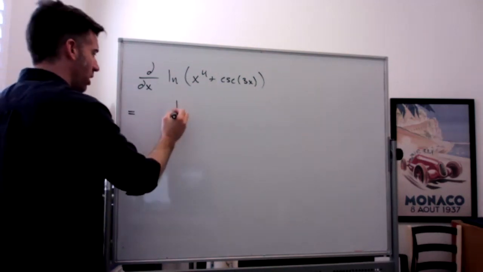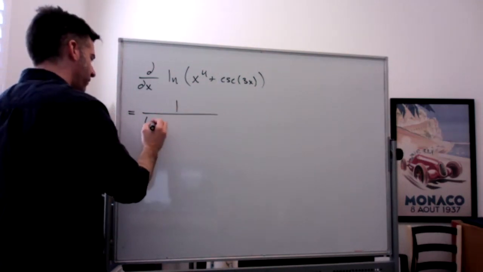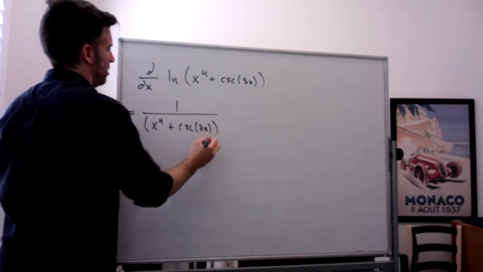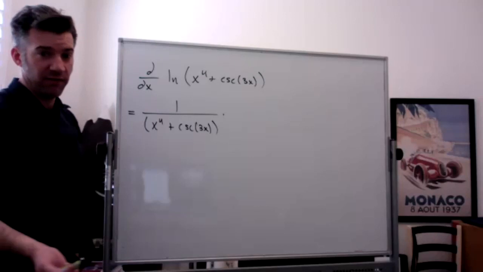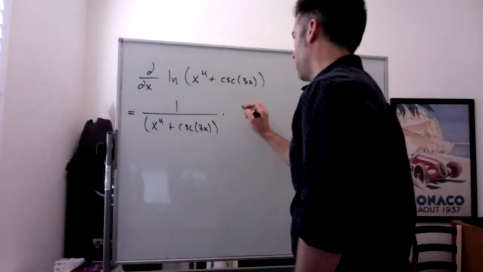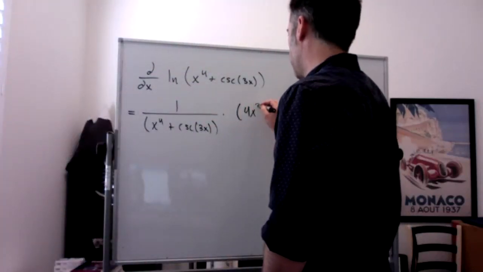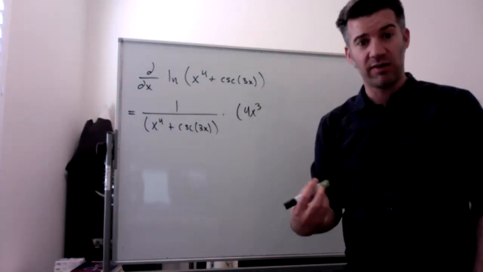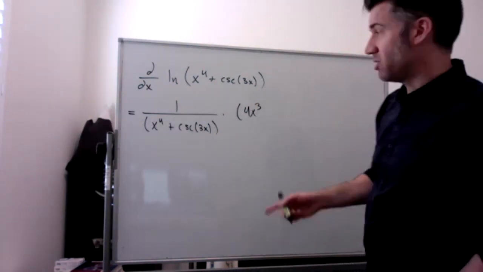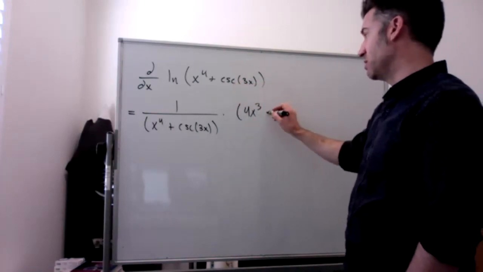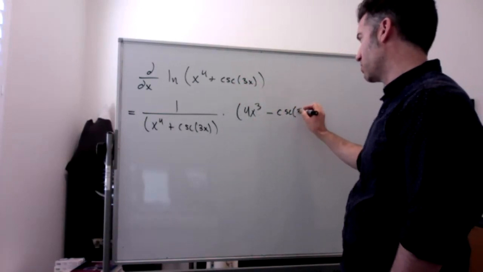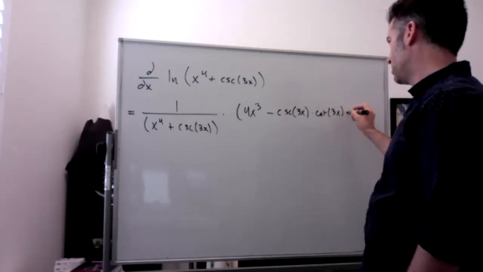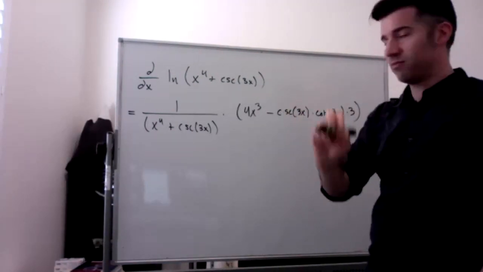That's going to be 1 over my stuff times the derivative of the stuff. And the derivative of the stuff, let's say the derivative of x to the 4th is 4x cubed. The derivative of cosecant of x is negative cosecant of x times cotangent of x. So the derivative of cosecant of some stuff is going to be negative cosecant of your stuff times cotangent of your stuff times the derivative of that stuff.